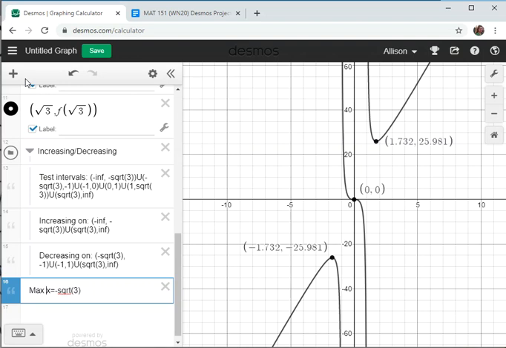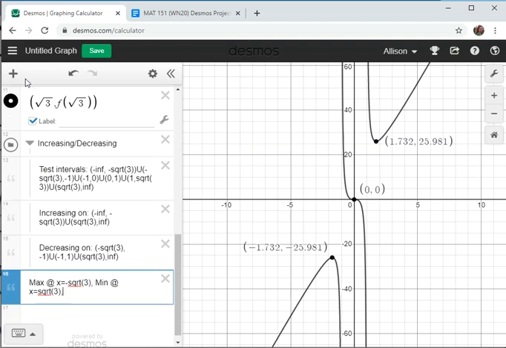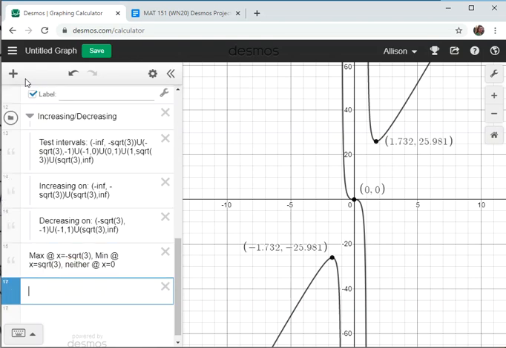I'll do max at x equals negative square root of 3, min at x equals positive square root of 3, and x equals 0 is neither. Okay, so that classifies the 3 first order critical values in terms of their types right there.